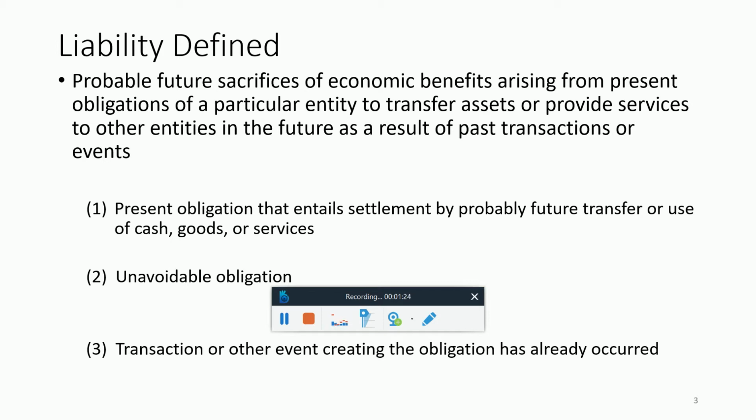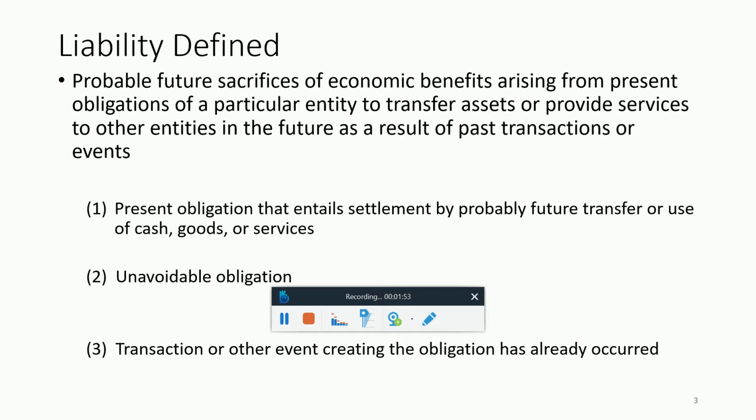So some transaction or some event has happened that now requires you to pay out cash or some other type of economic benefit. So it arises from a present obligation of a particular entity to transfer assets, aka cash, or provide services to other entities in the future as a result of a past transaction or event.